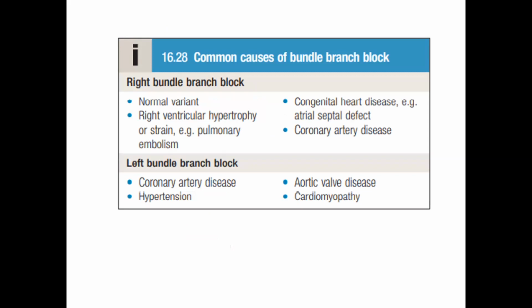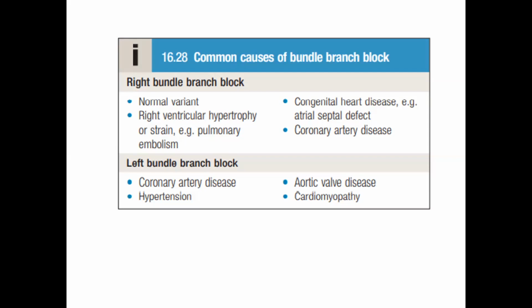The causes of right bundle branch block are a normal variant, or right ventricular hypertrophy or strain. So when there is right ventricular hypertrophy, it leads to right bundle branch block. Congenital heart disease such as atrial septal defect, or coronary artery disease, can also cause right bundle branch block. In left bundle branch block, the causes are coronary artery disease, hypertension, cardiomyopathy, and aortic valve disease.